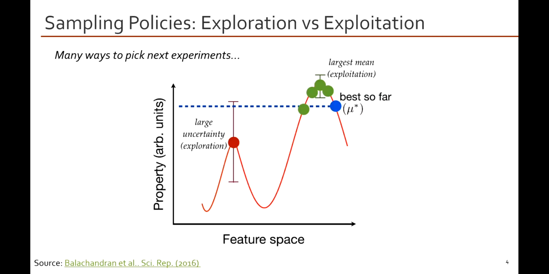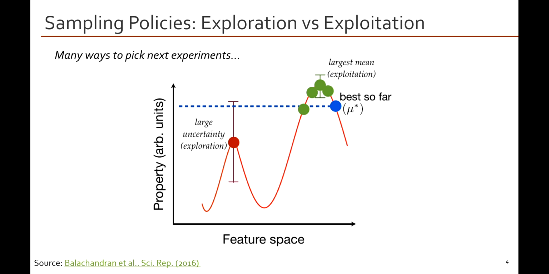Now, to introduce that concept, let's consider two potential ends of a pole on how you can choose which experiment to perform next. So imagine that you've got a series of experiments that you can perform in some feature space that are distinguished not just by the predicted value of your model, which is this red line, but also the amount of uncertainty you have in that model's predictions.